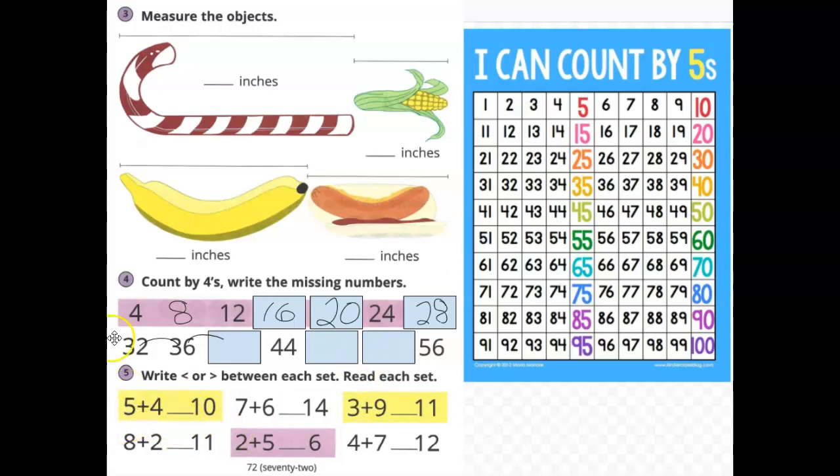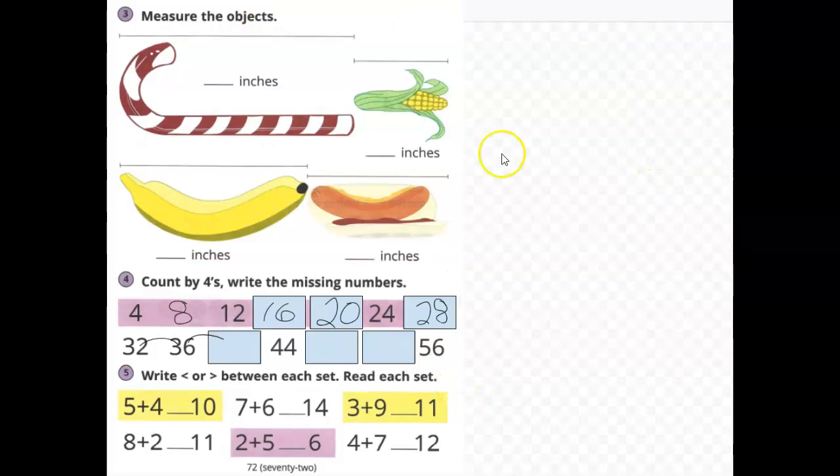Now down here at number 5, this is the same thing. You're going to add your number sentence first, and then this time there's something a little different. We're not just writing an equal sign. This time we're practicing our greater than and less than crocodile mouths. Okay, so let's go back and talk about what that looks like. Our crocodile mouths look like this.